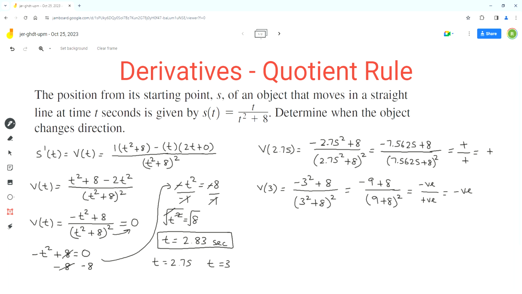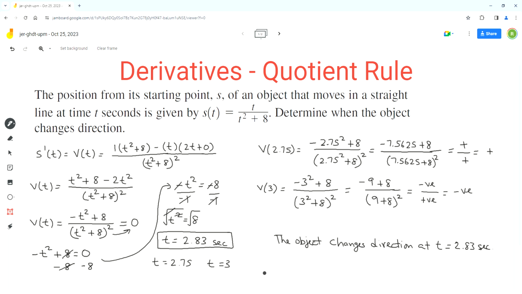So we can conclude the object changes direction at t equals 2.83 seconds. These are the steps you have to keep in mind to solve a problem like this one.